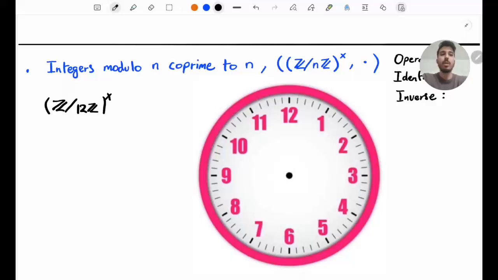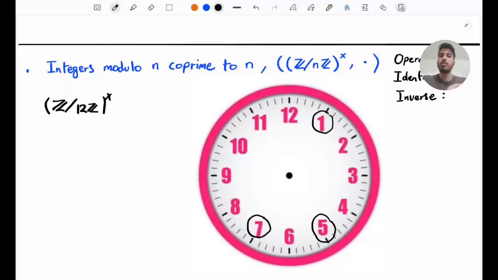So 1 is coprime to 12. 2 is not coprime to 12 because they share a divisor, which is 2. 3 is not coprime to 12 for the same reason. 4 is not. 5 is coprime to 12. 6 is not coprime to 12 because they share common divisors, which are 2 and 3, and 6. 7 is coprime. 8 is not. 9 is not coprime to 12 because they share 3. 10 is not.